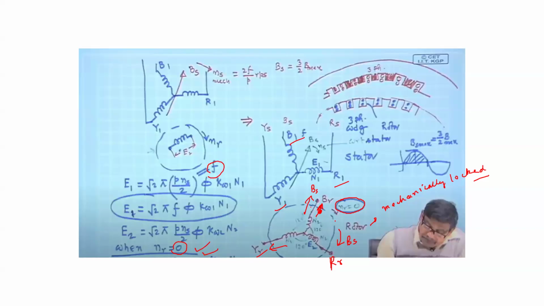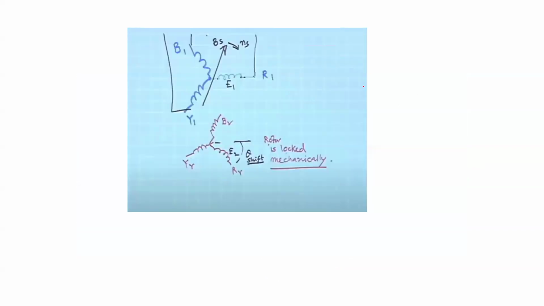So what is sir saying is that induced EMF depends on the position of the rotor. Okay, so when this BS comes in this place, your EMF will be like, so let us say that you have R phase, Y phase, B phase.